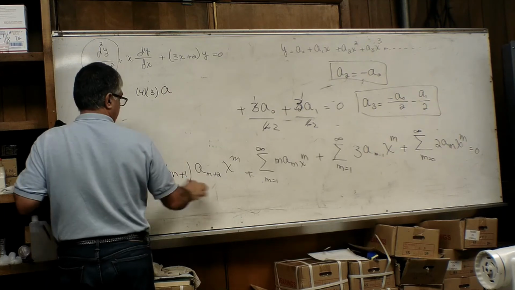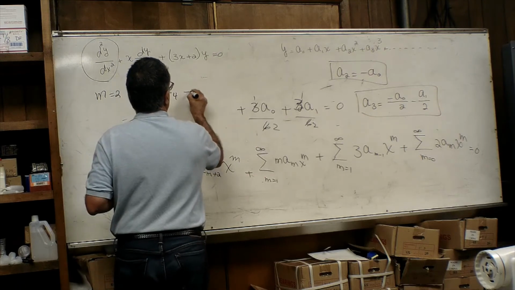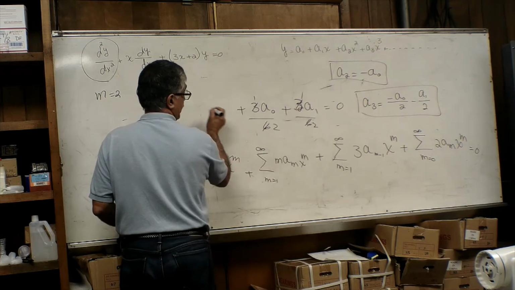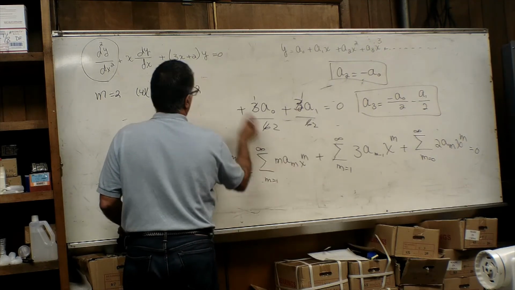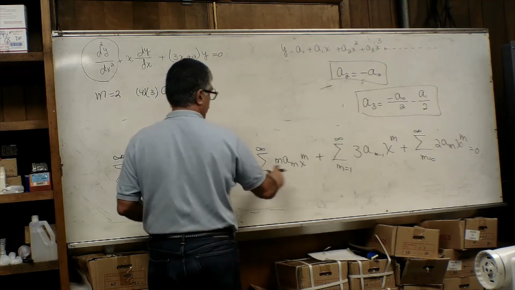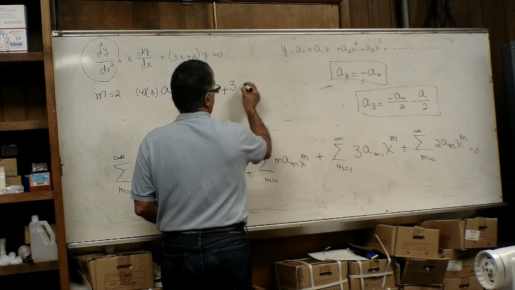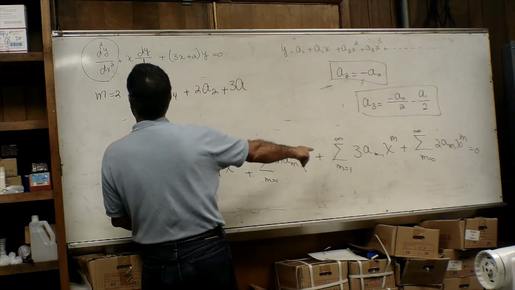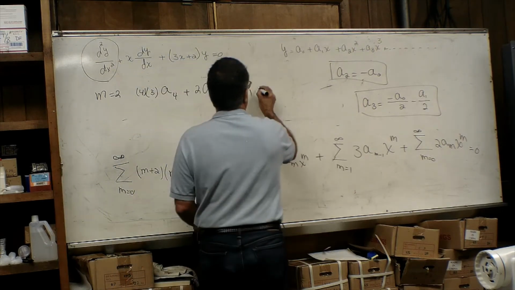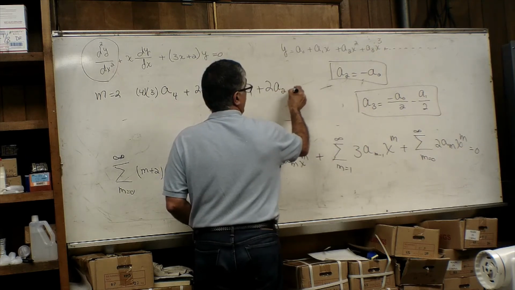This is A is 2, so this will be A4, plus, m is 2, so that will be plus 2A2 plus 2A2, plus 3A, m is 2, so 2 minus 1 is 1, plus 2A2 equal to 0.